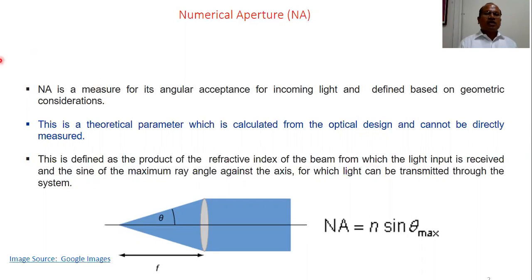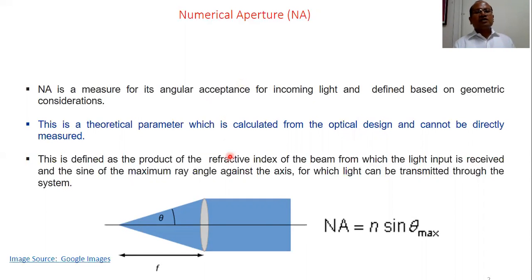This is a theoretical parameter which is calculated from optical design and cannot be directly measured. Optical design means what are the different materials, what are the refractive indices, what are design factors and parameters. Those are considered in estimating numerical aperture.